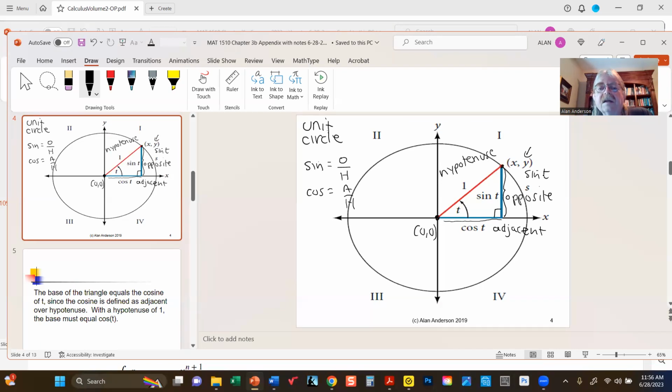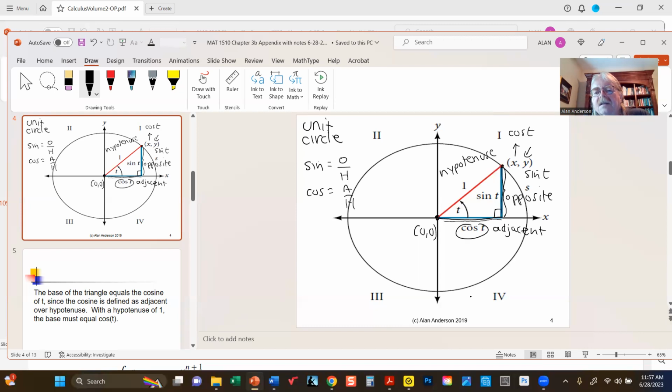We're dividing by the hypotenuse, which is just one. So this x is itself simply the cosine of T.